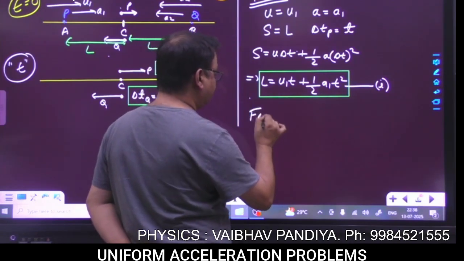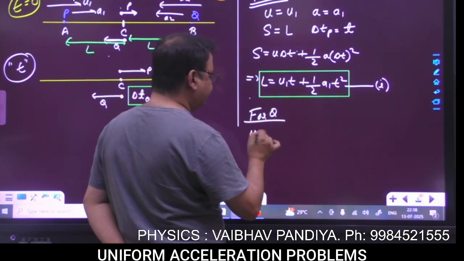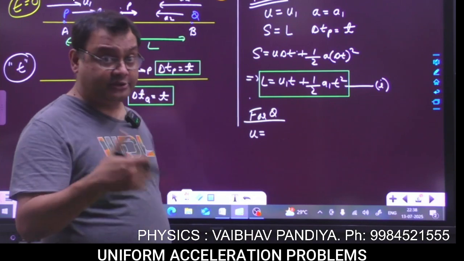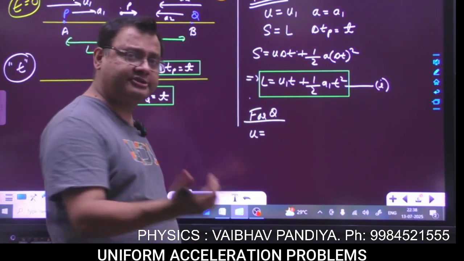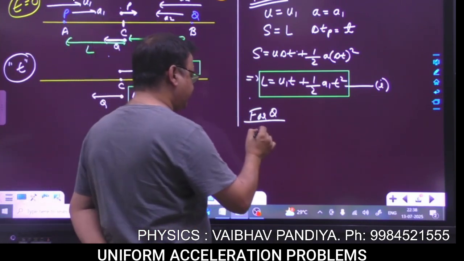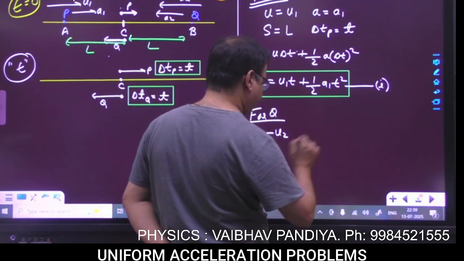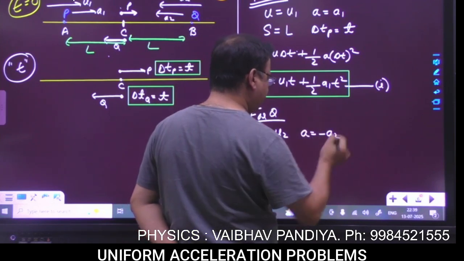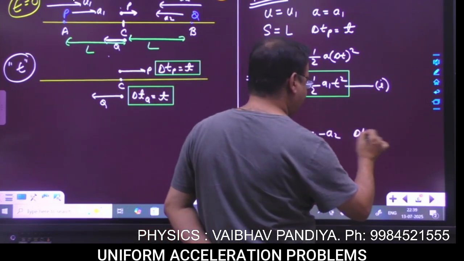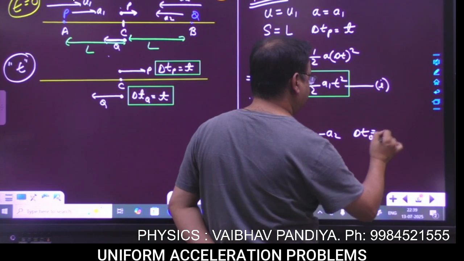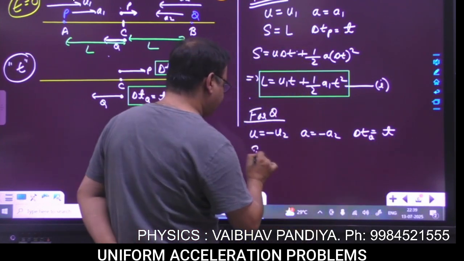If we have a similar equation for particle Q, what will we get? For Q, what do you think is the initial velocity? That is u2, and u2 is towards the left side, so according to your sign convention, it will be minus u2. Acceleration is minus a2. What is delta t for this particle? That is again t. And what is the displacement?